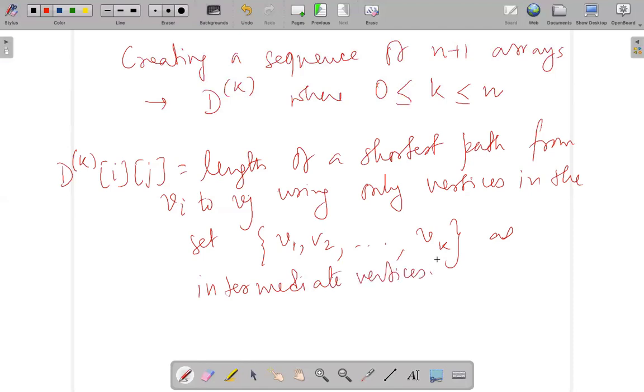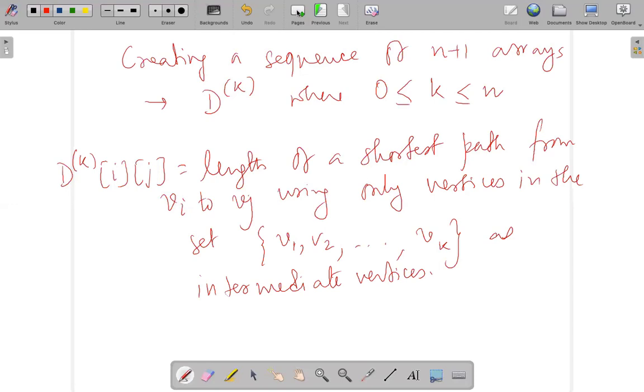So D^k_ij is the length of the shortest path from the node Vi to Vj, but this shortest path has only nodes from V1 to Vk as intermediate nodes. There cannot be any other node other than V1 to Vk as intermediate nodes.